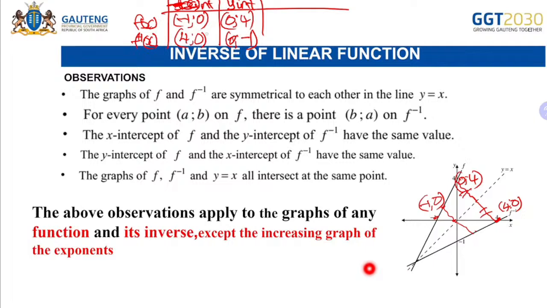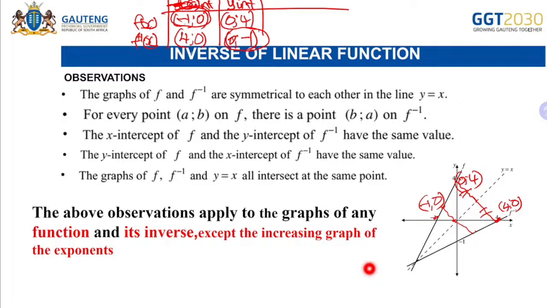There is our x-intercept for our f and our y-intercept, but we are having the values swapped around. Here we had negative 1 and 0. Here we have 0 and negative 1. Same values changing positions.